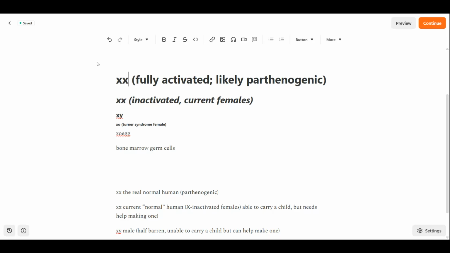Our entire genome is 46 chromosomes, about 3 billion base pairs long, right? And every single one of those has to be copied into the cells as the cells divide, right?